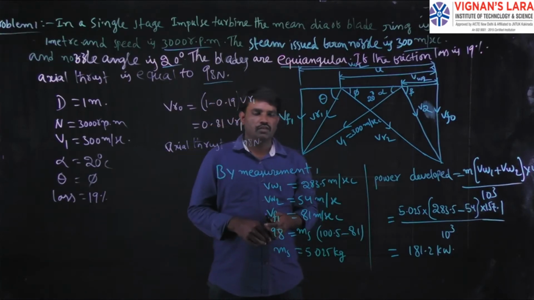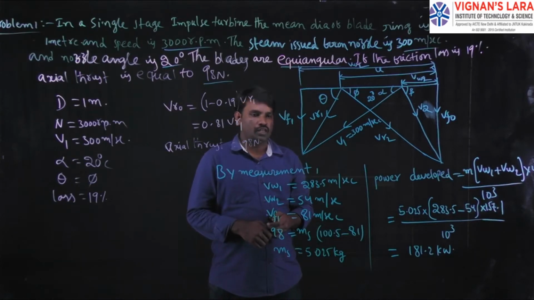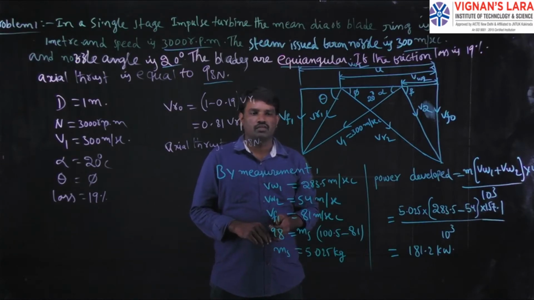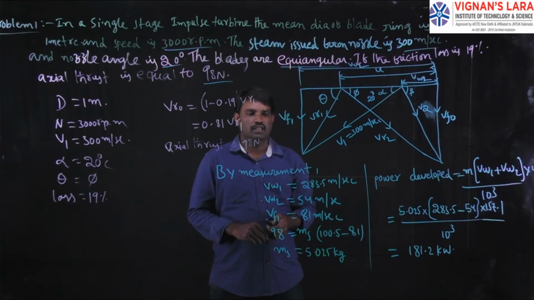So the relative velocity changes at outlet compared to the inlet. If there is no friction, VR1 is equal to VR2. If the blade angles are equal, theta is equal to phi. These two points you have to remember while solving problems on impulse turbine. What are the two points?